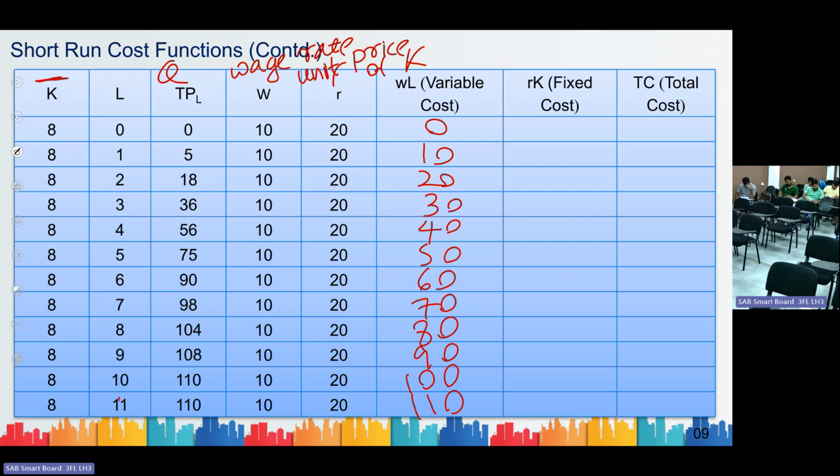K into R will be the fixed cost. 8 into 20, 160. So level of capital doesn't change. R also doesn't change. So at each and every level of output, fixed cost remains the same, 160.